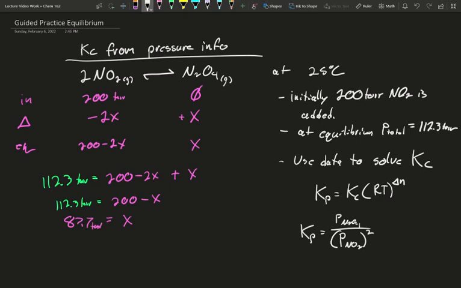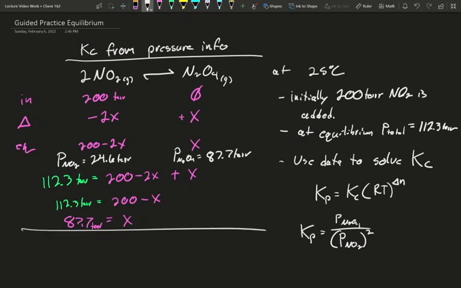This means that I can find the partial pressure of the N2O4 at equilibrium. It's going to be 87.7 torr. And the partial pressure of the NO2 is going to be 200 minus twice that, or 24.6 torr. This means I have my partial pressures.